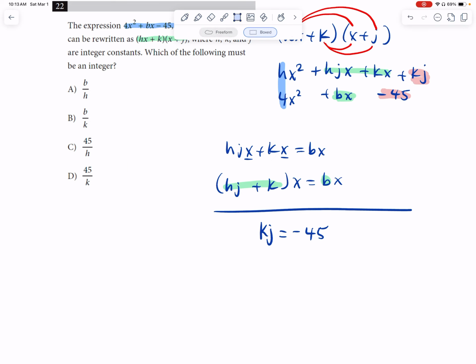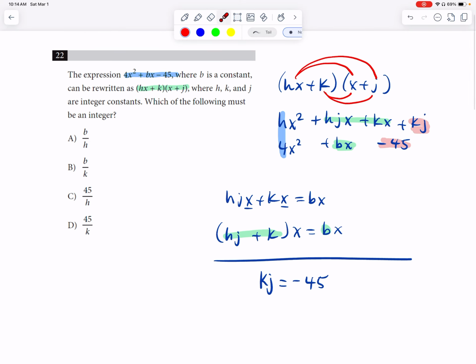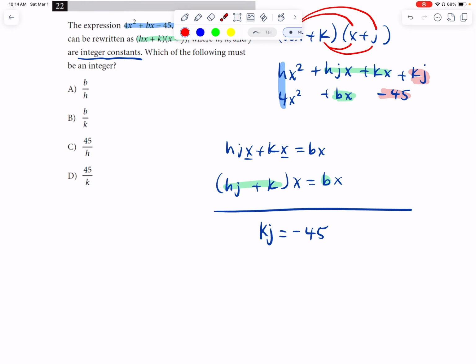But remember what it told us about k and j. It says k, j, and along with h, these things are all integer constants. And I'm taking these two integers and multiplying them together to get negative 45. They've got to be the factors of 45. It's something like 1 and 45, 3 and 15, 4 and 9. It's something like that, right?